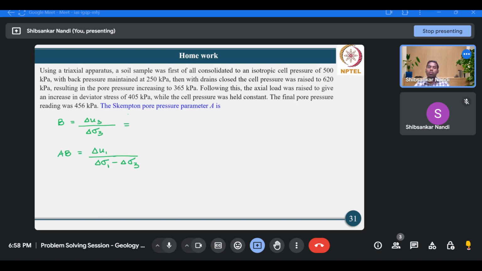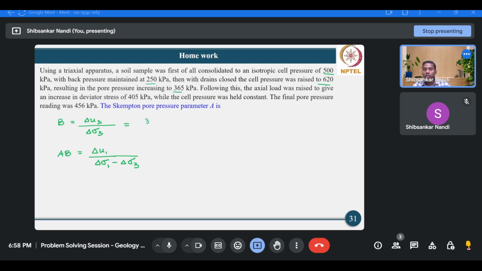This is the change in pore water pressure due to the change in cell pressure. As you can see, with drains closed, the cell pressure is raised to 620 kPa from 500 kPa, and the pore pressure increases to 365 kPa from 250 kPa. So what is the change in pore water pressure?